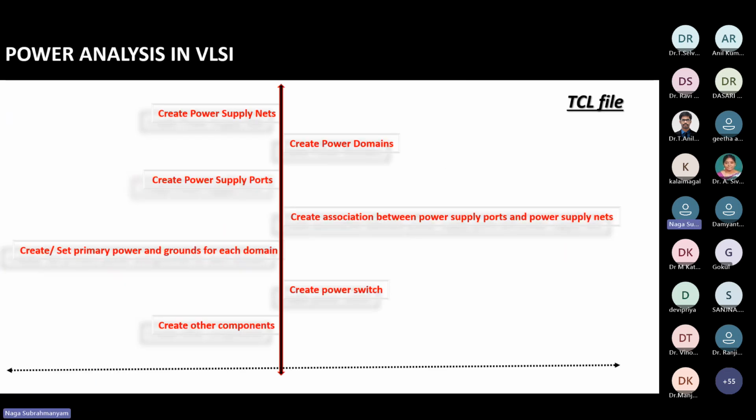These are the various things in that UPF. UPF, as I told, is Unified Power Format. This file is called a TCL file, .tcl. So after this session, I'll provide one sample UPF file so that you can understand how a UPF looks.